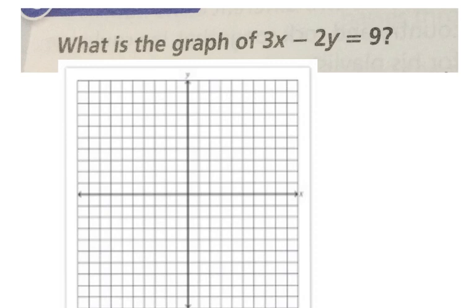I find a point, I use the slope to find another point. I need 2 points to make a line. So I'm going to show you how you can get 2 points from standard form. We're going to find the 2 intercepts, the x-intercept and the y-intercept.